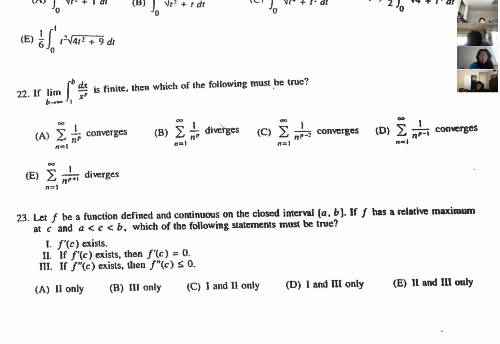Oh, never mind. I read one of them wrong. Never mind. Yeah, we can just move on. Oh, you're okay with 22? Everyone else is okay with 22? Okay. Can we still do 25 though? Okay, I can do 22.